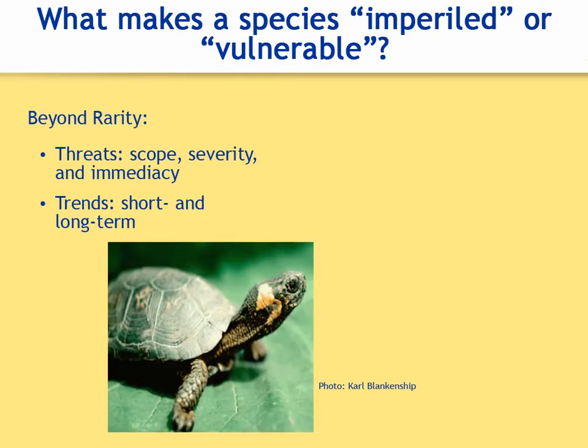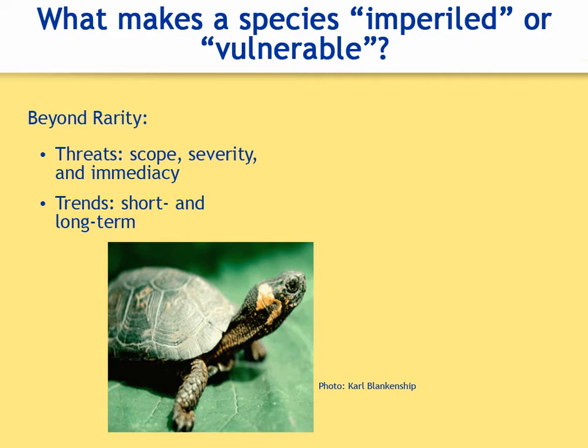Rarity is not the only thing that can qualify a species for tracking by our member programs. Other considerations are known threats to the species and known drops in population size. For example, the northern population of the bog turtle has declined by at least 50% over the last 20 years.